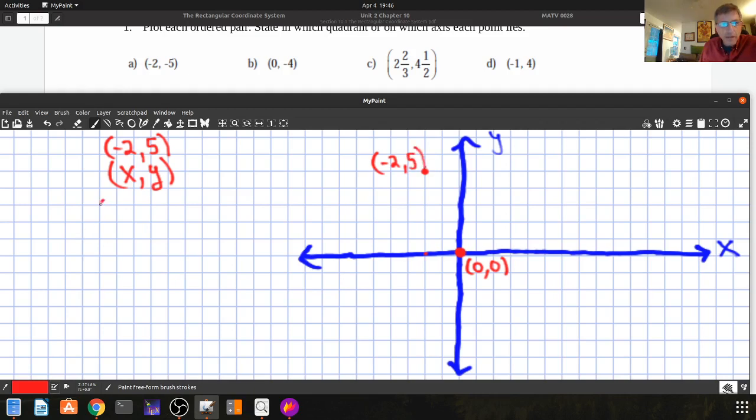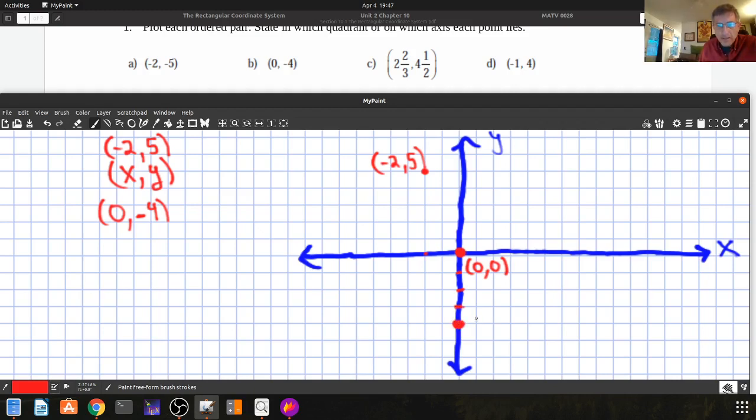So let's do now 0 and -4. So that says start at the 0 point on the x-axis, and that's right there, and then go down 4, or go to -4 on the y-axis. So that's -1, -2, -3, -4.